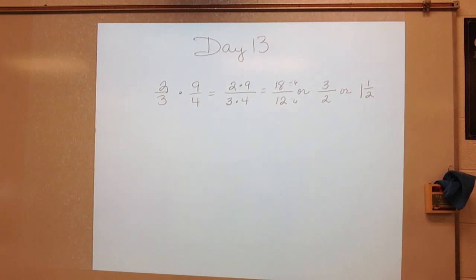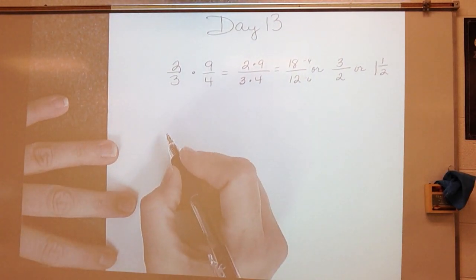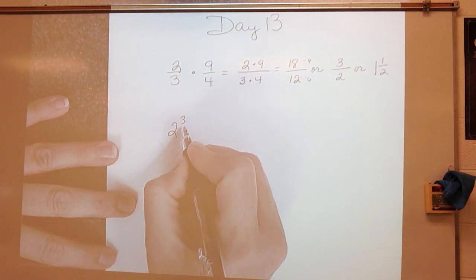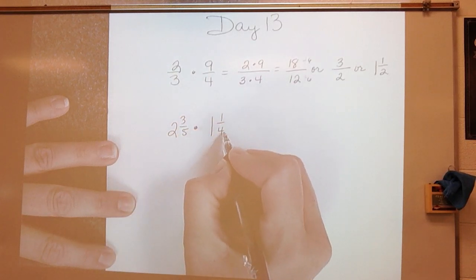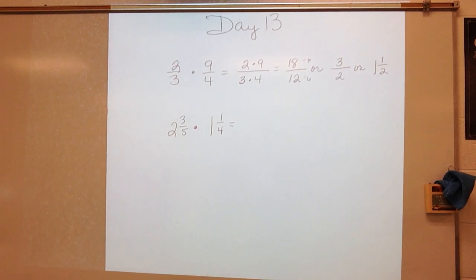All right, let's look at another problem. Let's look at 2 3/5 times 1 1/4. Now, you do have to do a little bit more work here, simply because I'm not going to multiply mixed numbers. We need to change those to improper fractions.